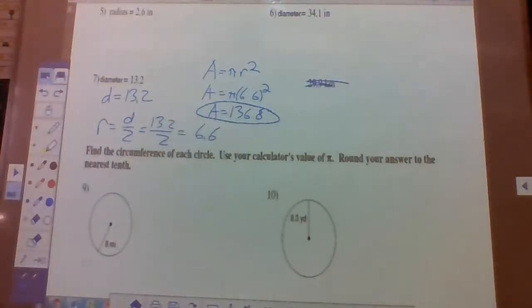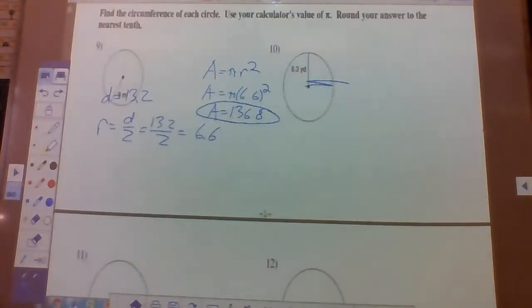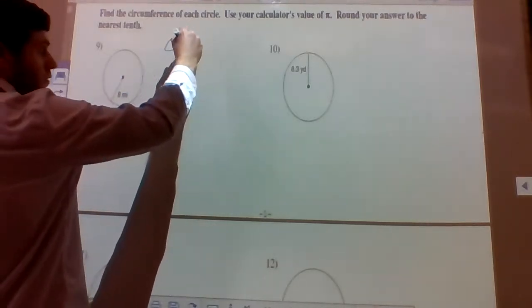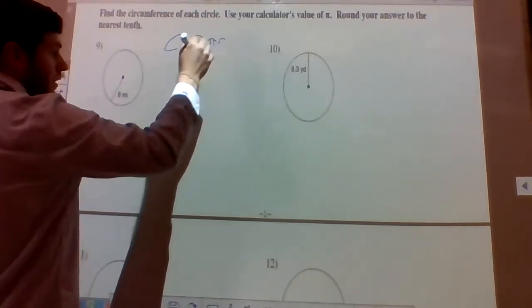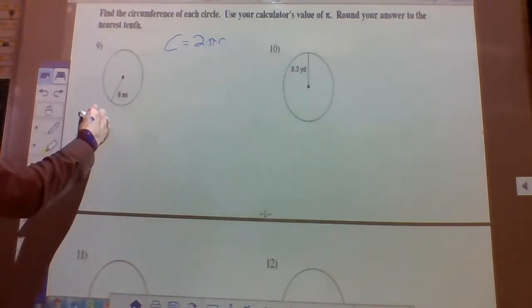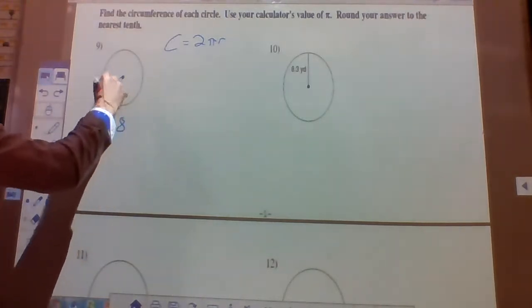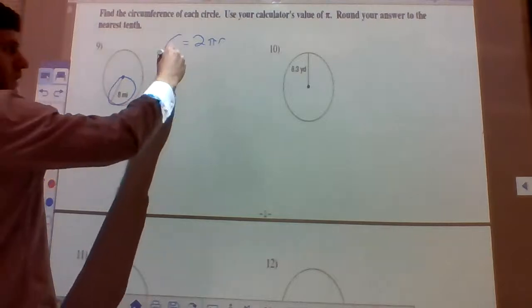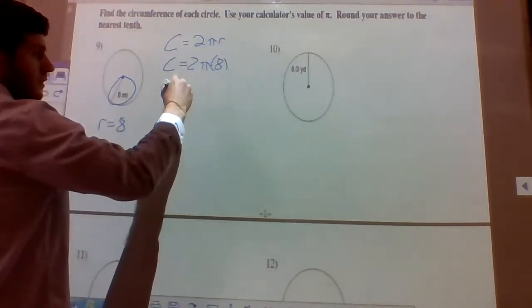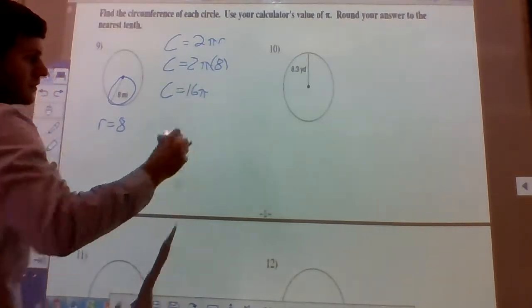Okay. 9 and 10, we want to find the circumference. Circumference is 2 pi r. Again, that is the length around the circle. That's the length of the circle if you go around it. It's the radius times 2 pi. So here the radius is 8. So C equals 2 pi times 8, which is going to be 16 pi.